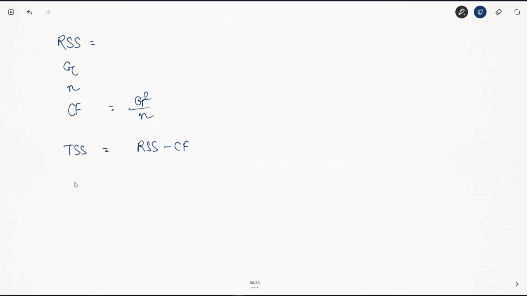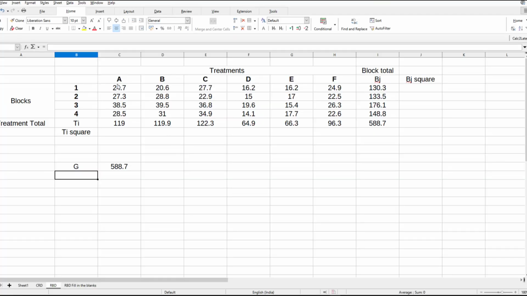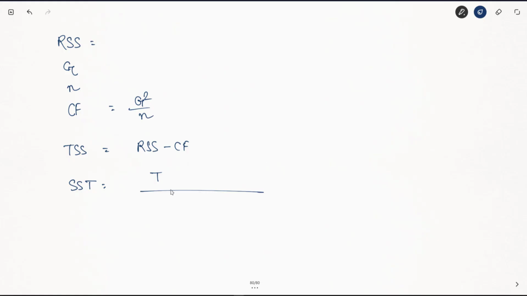Then we will calculate sum of square due to treatment. In this example, we have 1, 2, 3, 4, 5, 6 treatments.